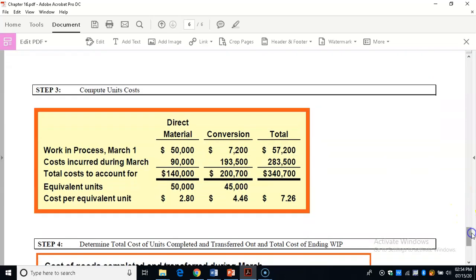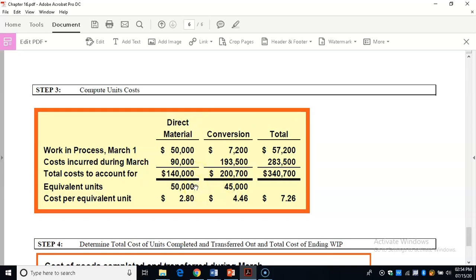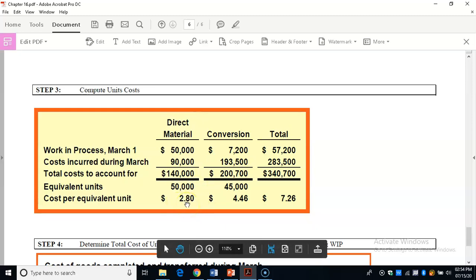So you see what we're doing here. We're taking $140,000 in materials, divided by 50,000 equivalent units for materials. So if you do the math, you get $2.80. That means that each individual unit uses $2.80 worth of materials.